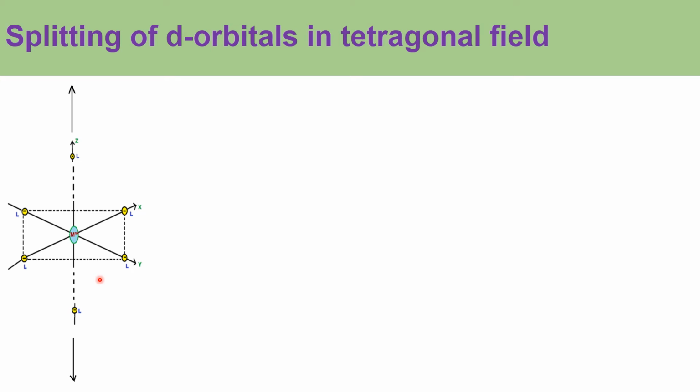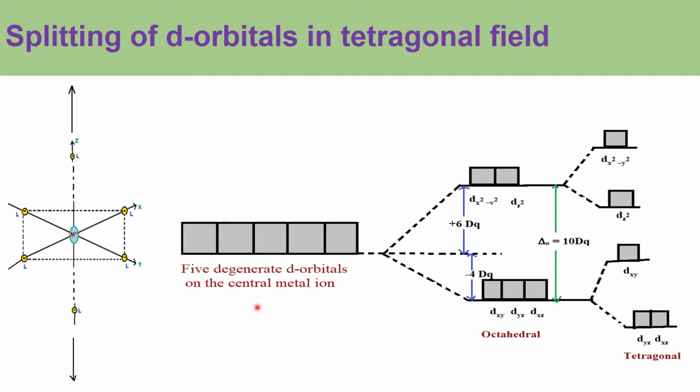You can see here that the five d orbitals are degenerate when the ligands approach in a spherically symmetrical field. But in the actual case, the ligands approach along the axes, so the d orbitals split into two sets, the T2g set and the EG set, that you can see here.